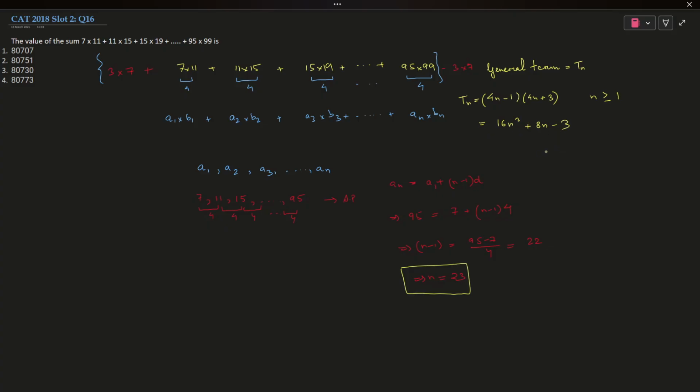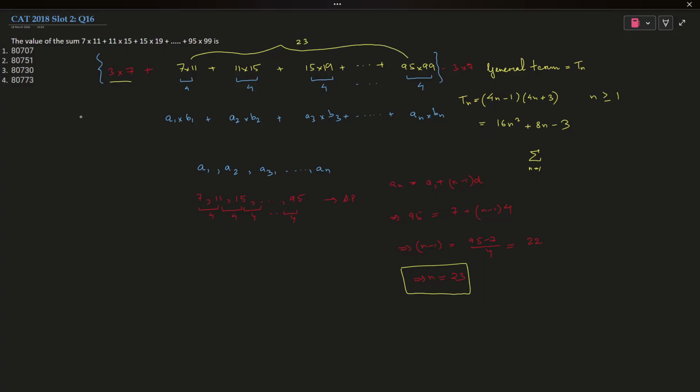That means the summation will be from n equal to 1 till n equal to how much? Will it be 23, guys? It will not be 23, because from these terms to these terms, I have 23 terms.